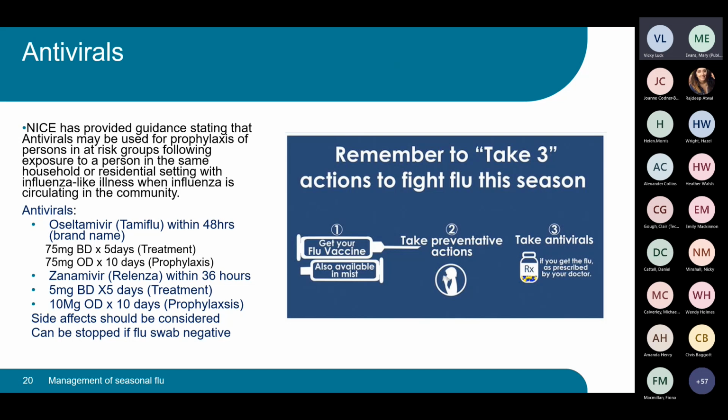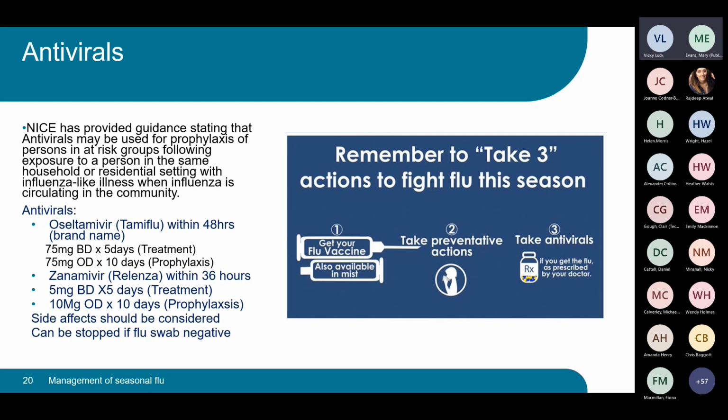NICE has provided guidance stating that antivirals may be used for the prophylaxis of those in risk groups following exposure to a person within the same household or residential setting, when we know that influenza-like illnesses are circulating in the community.